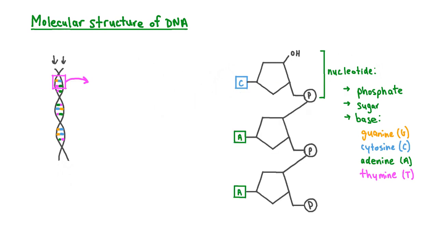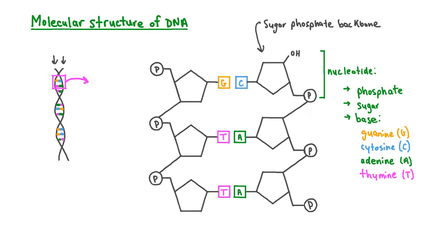These nucleotides can be joined together to form a polymer that makes up a single strand of DNA. We call the structure in black the sugar phosphate backbone. If we now look at the second strand, we can see how these individual nucleotides can pair with each other. This is accomplished by complementary base pairing, where one nitrogenous base pairs with another.